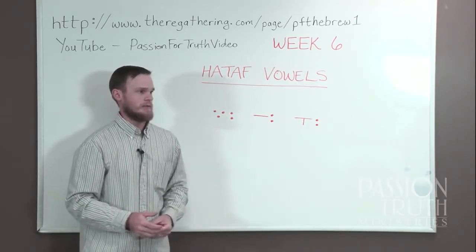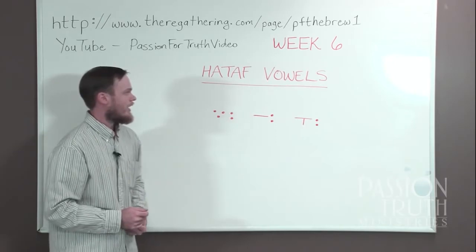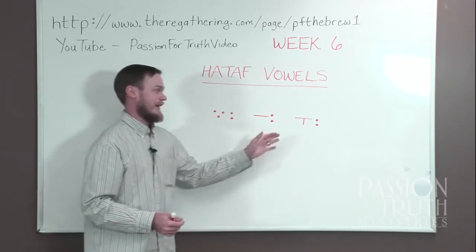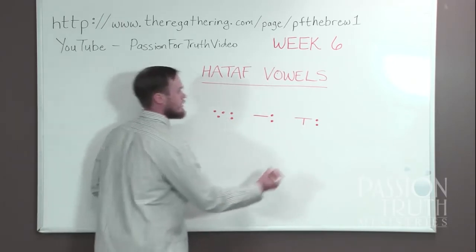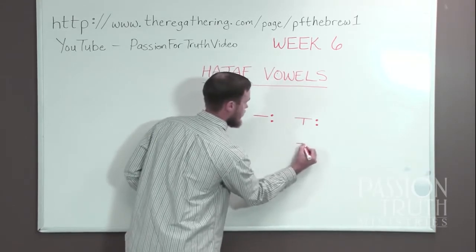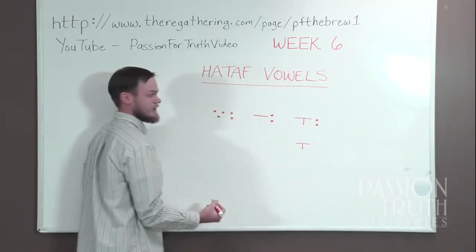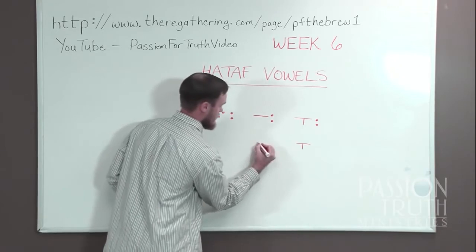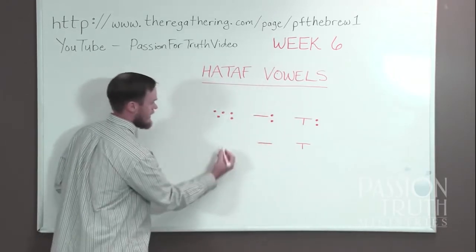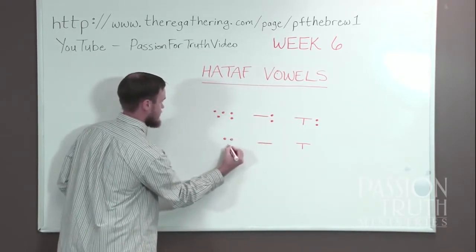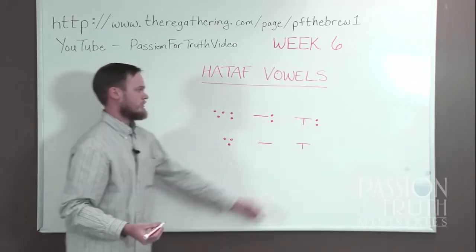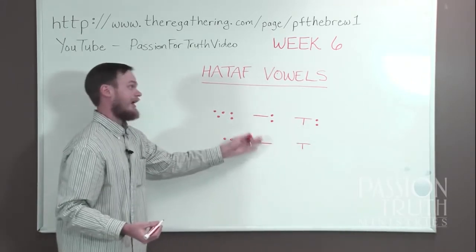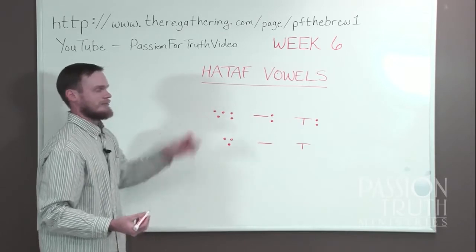And that's exactly what it is. These vowels make the exact same sound as their counterparts without the shva. So a chataf kametz makes the exact same sound as a kametz, a chataf patach makes the exact same sound as a patach, and a chataf segel makes the exact same sound as a segel, an eh.